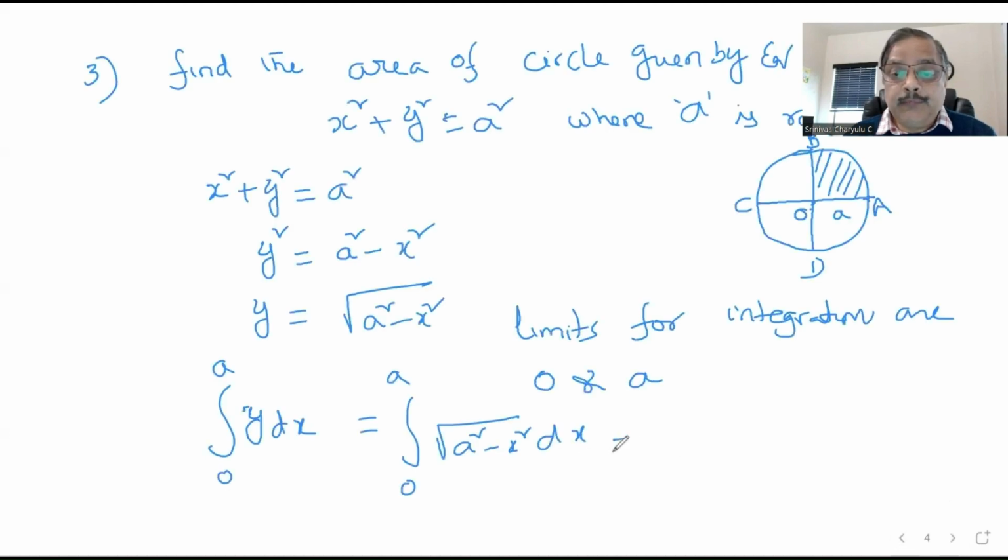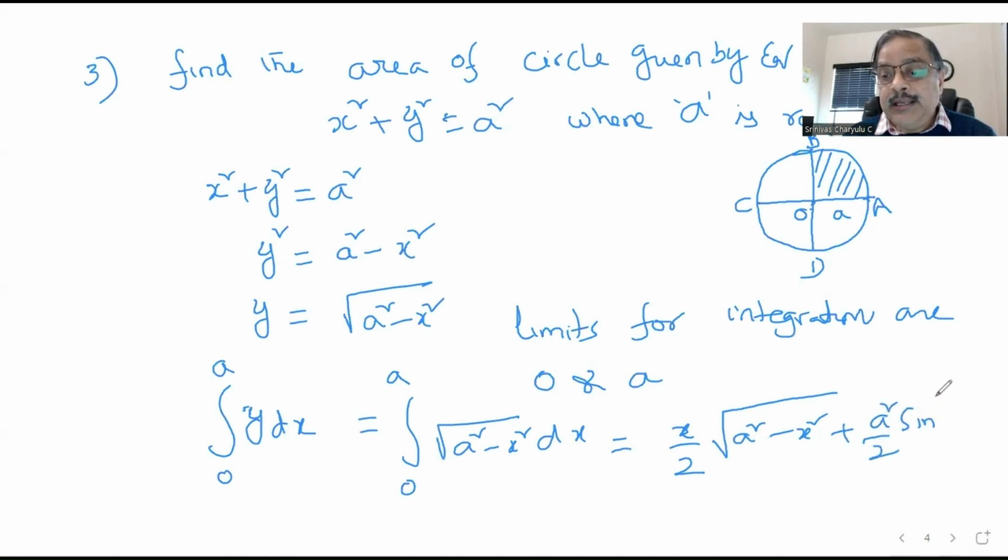This formula we will take: x by 2 root of a square minus x square plus a square by 2 sine inverse x by a. You need not do it again and again by substitution methods and all. You can take the standard formula. So you can substitute here, and these are the limits. So first upper limit, then the lower limit.